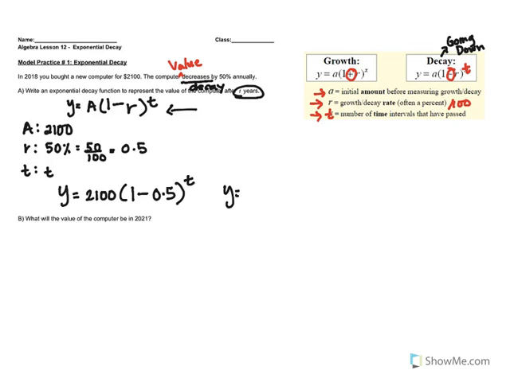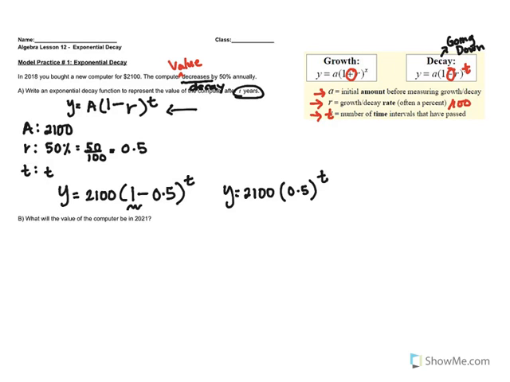Notice that since this is decreasing, since the value of this computer is going down, what we're going to have inside of that parentheses when I simplify this is going to be a lot smaller than 1. So I have 2100 parentheses 0.5 to the t power.